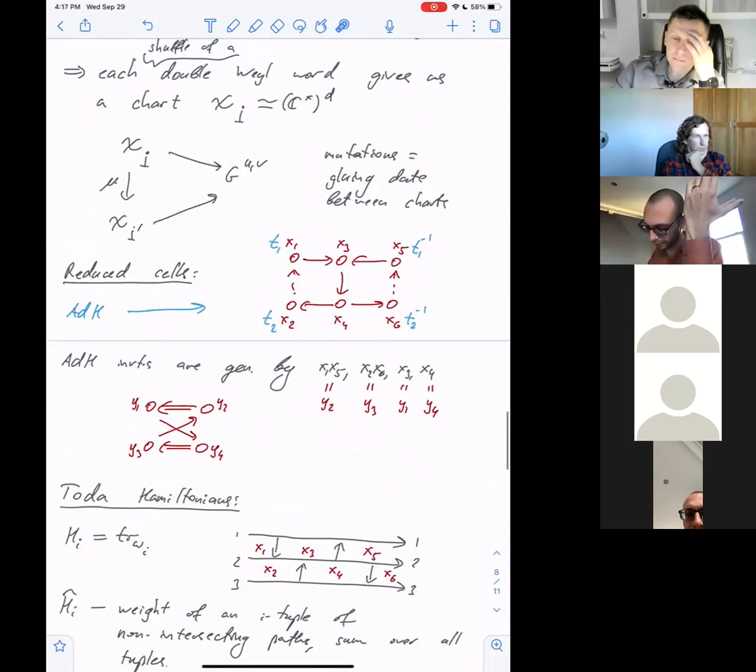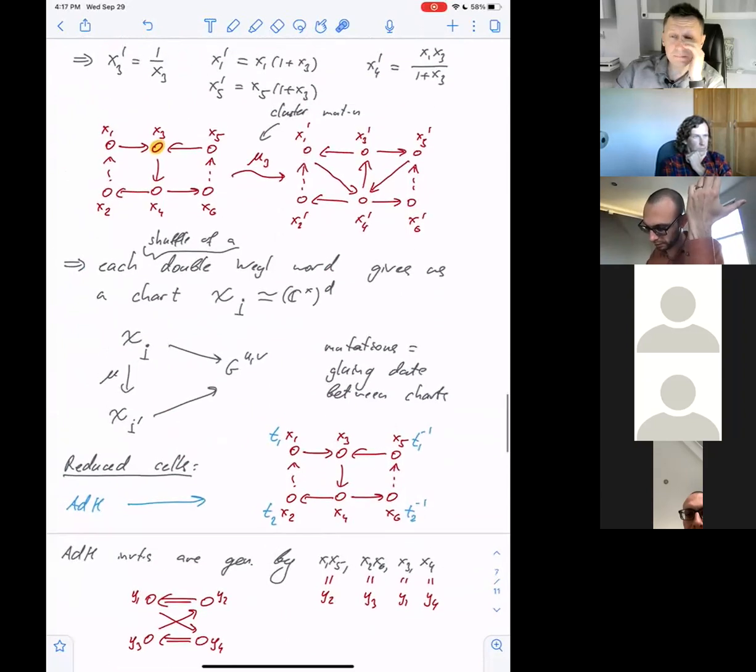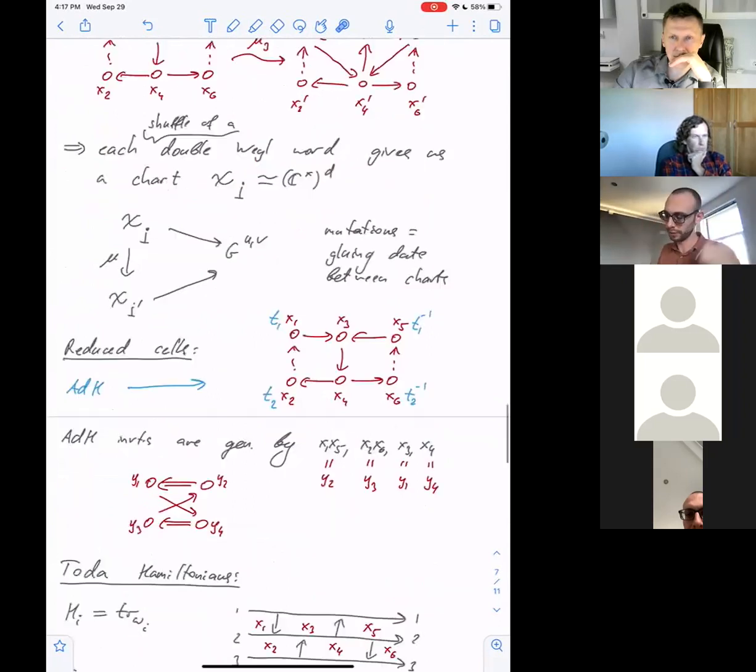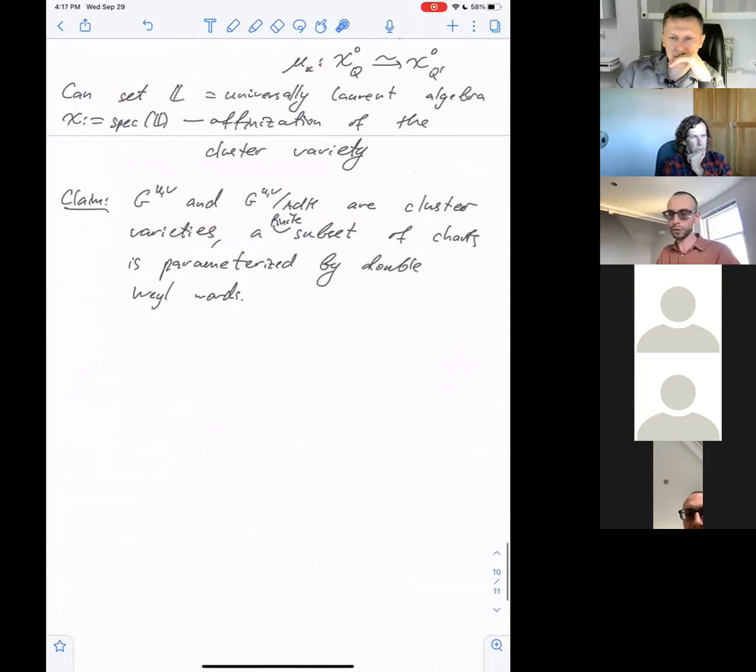But now if I take this quiver and mutate this vertex, then it will stop being planar, so it cannot correspond to any wild word. So there are infinitely many charts, way more than wild combinatorics.